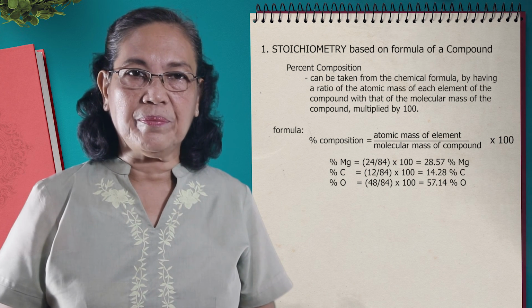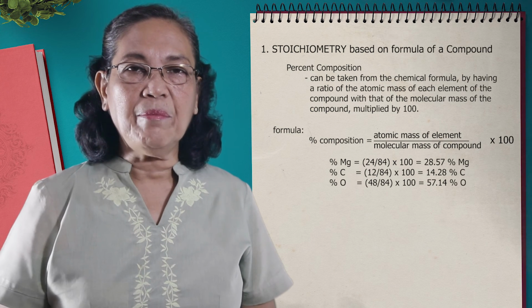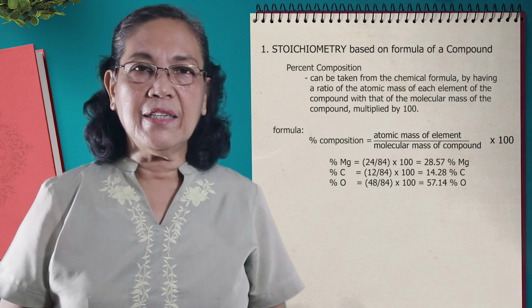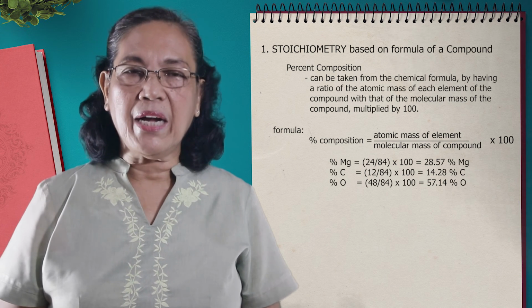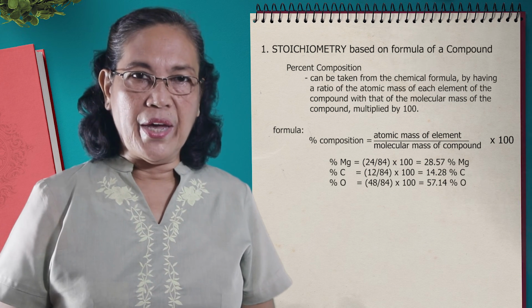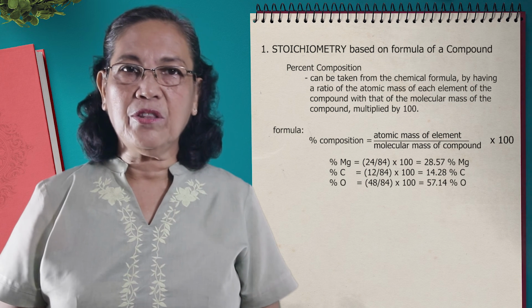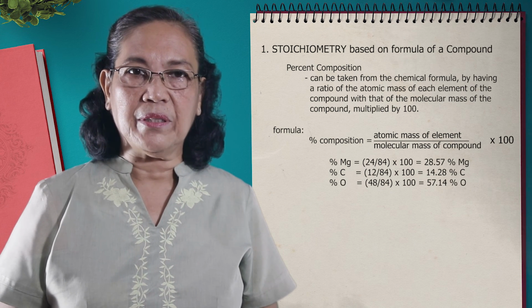28.57% magnesium. Then for percent carbon, we have to divide 12 by 84, then multiply by 100, so you have 14.28% carbon.